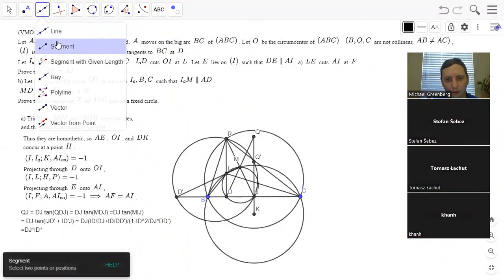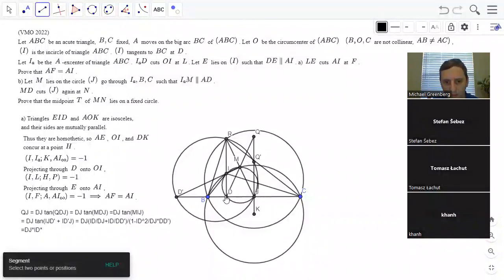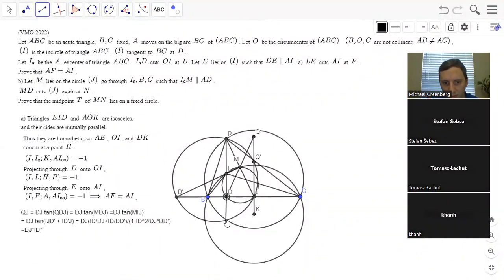And that is not too hard to prove. You can, for example, use that since D prime D BC is harmonic, then you have DB times DC is DJ times DD prime, and you can use power of a point then to finish it.